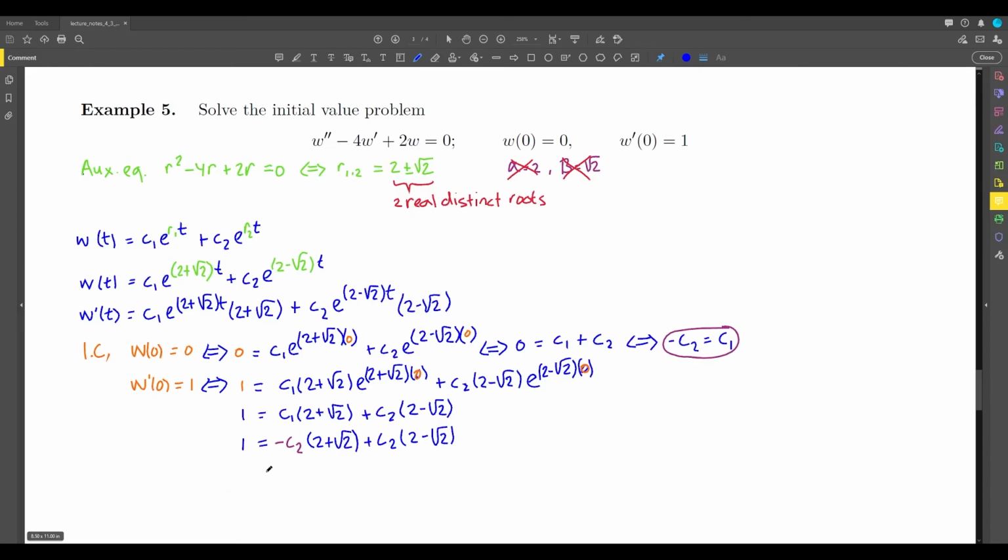And if we clean that up a little bit, on the right hand side, we're left with negative 2 square root of 2 c2 equals 1. Because you see we have a negative 2 c2 and a positive 2 c2 that cancels, and then we're left with twice the square root of 2 with a negative in front. And sorry, this should be c2.